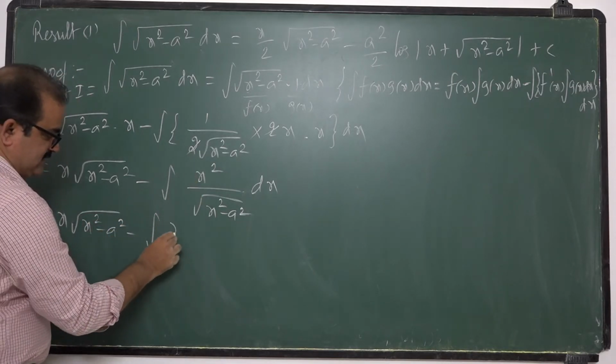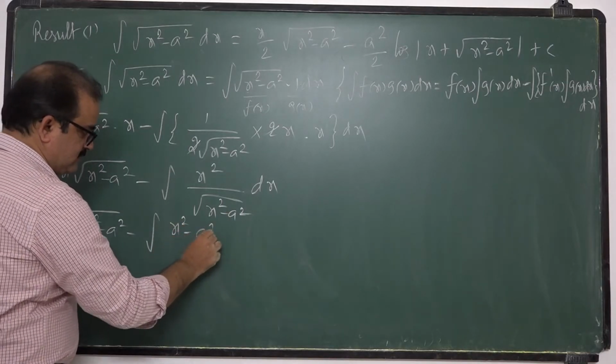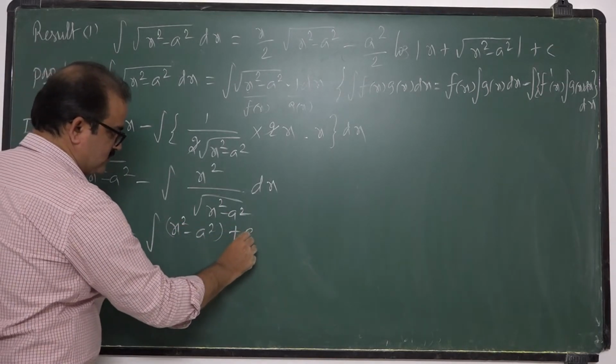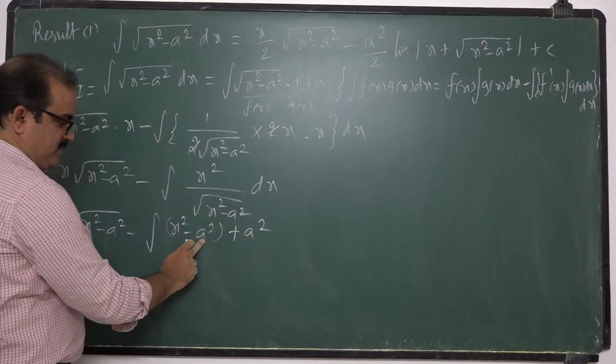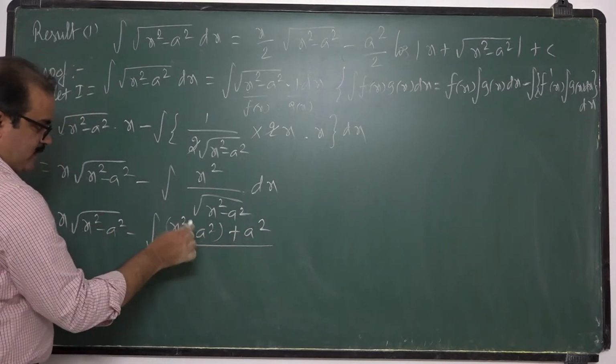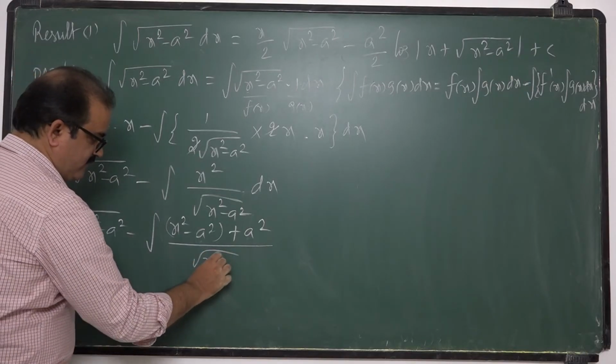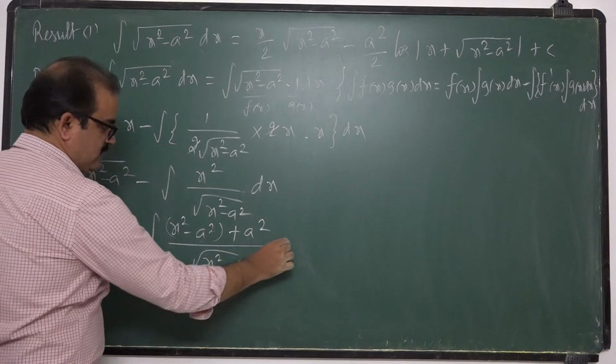We write this x square as x square minus a square plus a square. Add a square and subtract a square, by root of x square minus a square.